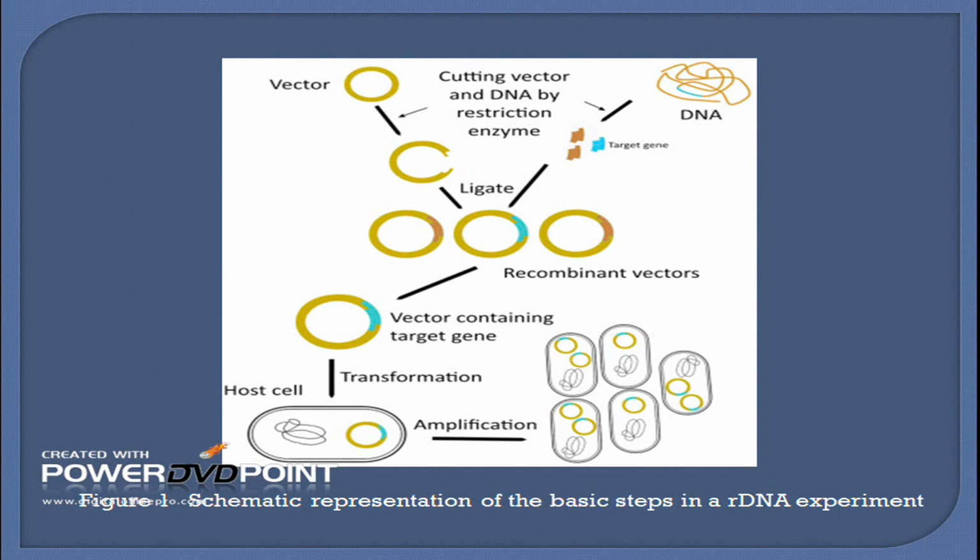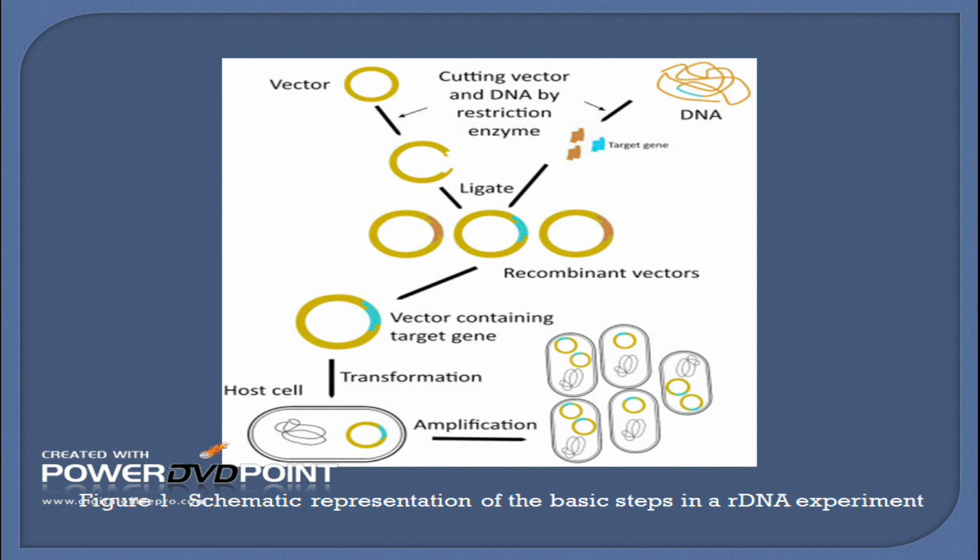The same restriction enzyme is used for cutting the vector DNA and the DNA fragment which contains the gene of interest. After cutting it with the restriction enzyme, the two DNA, that is the vector DNA and the target gene containing DNA, are ligated.